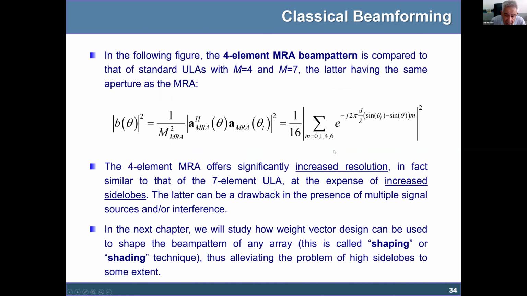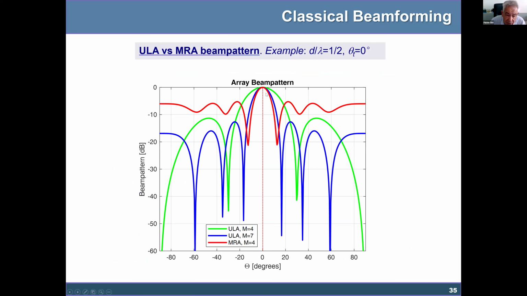This is the beam pattern. So don't confuse the power spectral density with the beam pattern, because there is a normalization term. To get here, you have to multiply by the energy. The beam pattern is normalized in such a way that at the maximum the value is 1, so 0 dB.